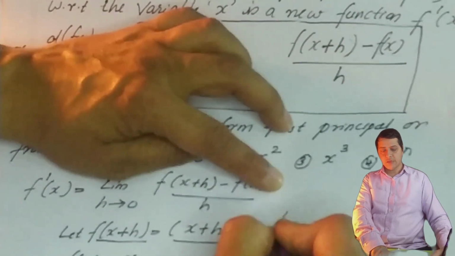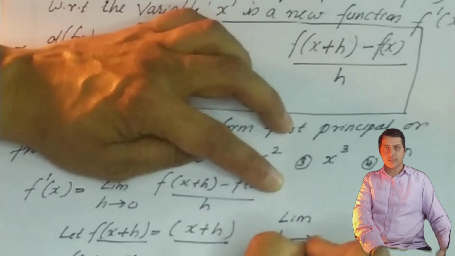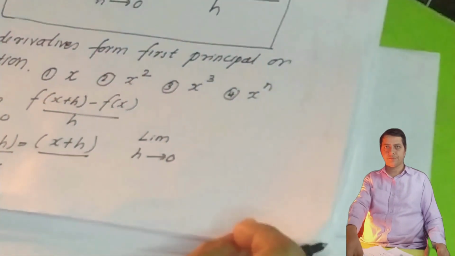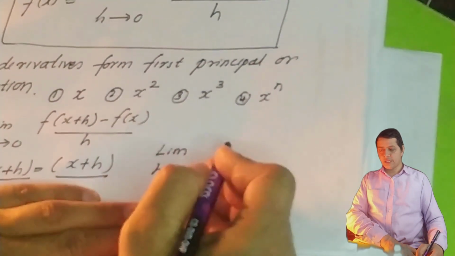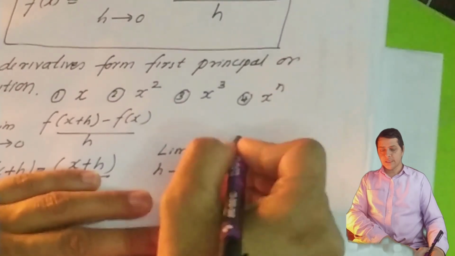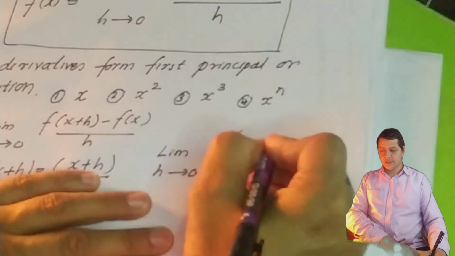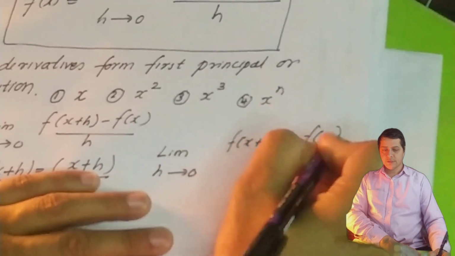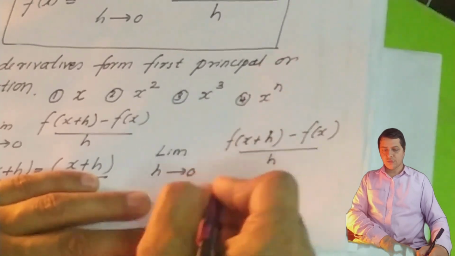So we say limit as h tends to 0, we get f(x plus h) minus f(x) by h.